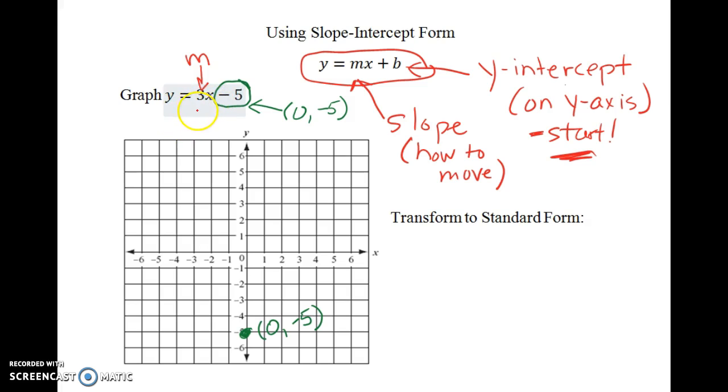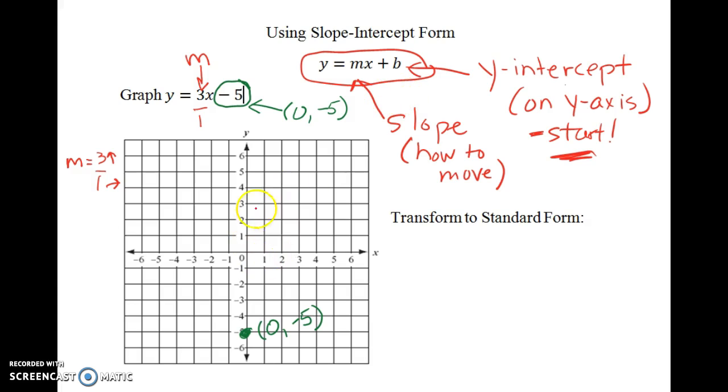The only thing we can do is divide by 1. So there, our fraction has two parts. If our slope is 3 over 1, that tells us that we are going to go up 3 and to the right 1 space. They are both positive motions.